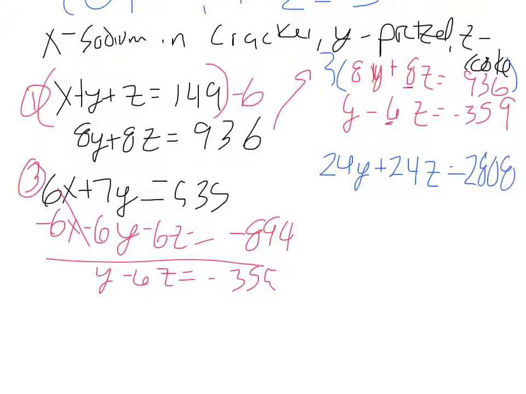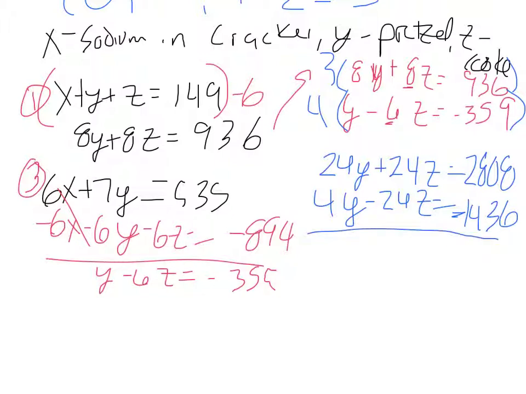So if I'm multiplying that by 3, I have to multiply the second row by 4. So we get 4y minus 24z equals, now 359 times 4 is 1,436, and that's negative. So then we add them up.